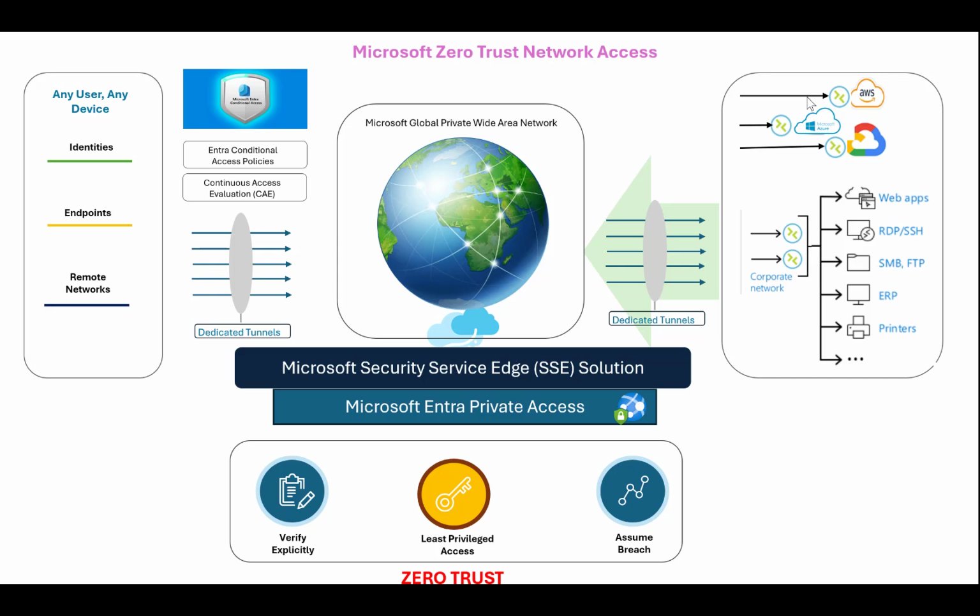That means it brings the whole Microsoft identity ecosystem behind the network access. Very interesting. Many of you who are very familiar with Microsoft identity access management solutions, especially Entra ID and Entra Conditional Access Policies, right?